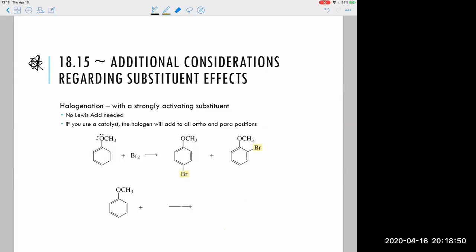And of course, because it's an activating group, it's ortho-para directing. If you did carry this out with a catalyst, you would end up substituting all possible ortho-para positions.